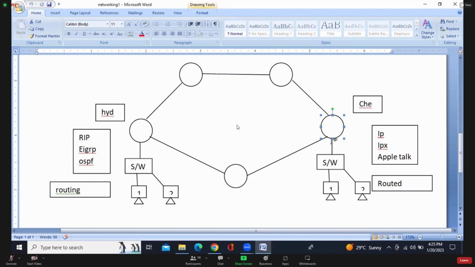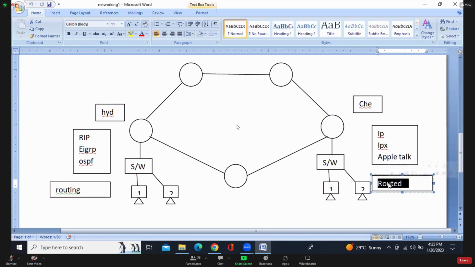This router will send the data to the machines. How is it going to send the data to the machine? With the help of routed protocols. Routing protocols and routed protocols are different. Routed protocols, for example, are IP, IPX, and AppleTalk. IP is for general computers, IPX for IBM, AppleTalk for Apple computers.